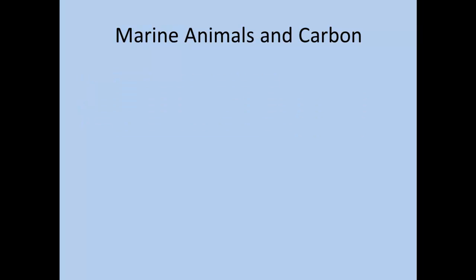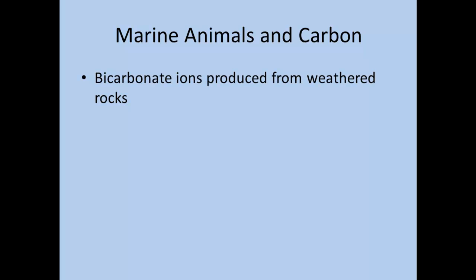Okay, so discussing how carbon and marine animals actually end up interacting with each other. Again, the organisms that have shells are going to interact with the carbon cycle. We have what we call bicarbonate ions, and this is just another form of carbon. Bicarbonate ions are produced from weathered rock.